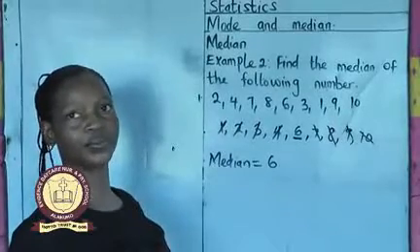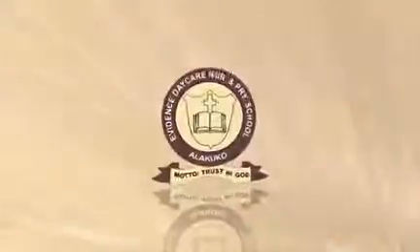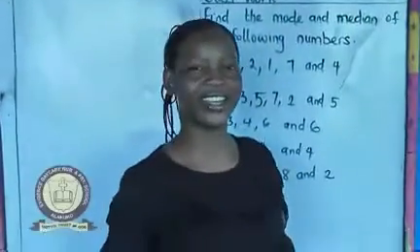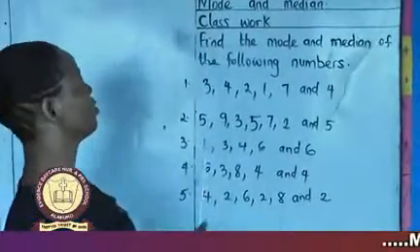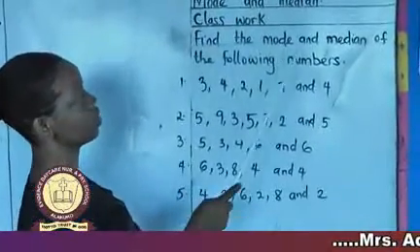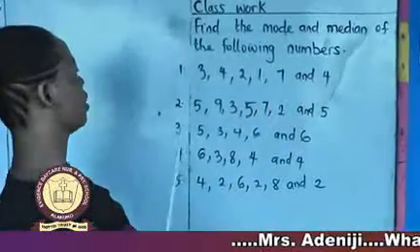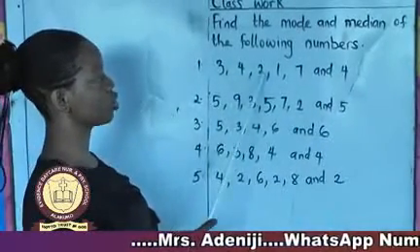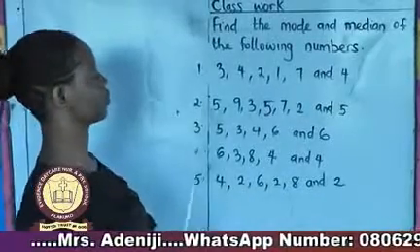Thank you for listening. I'll give you class work now. Welcome back. Here is your class work. You have to find the mode and median of the following numbers. Number 1, we have 1, 3, 4, 2, 1, 7 and 4.